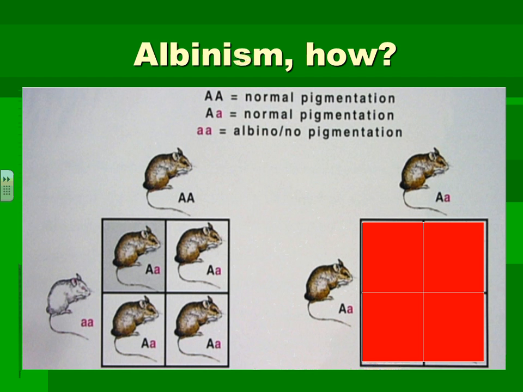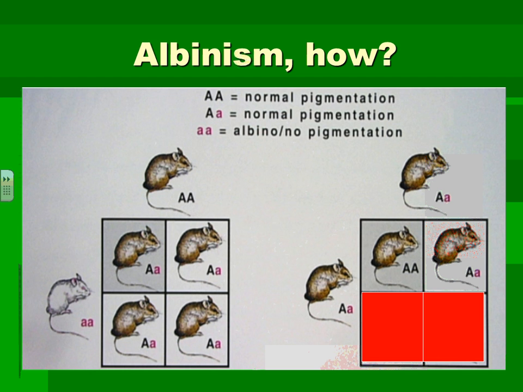One possibility of a baby would be dominant, which would be a brown. What about the right box? Top right, capital A, lowercase a, so it's still a brown baby. What about bottom left? Capital A, lowercase a, because you had a capital A at the top and a lowercase a down at the bottom.